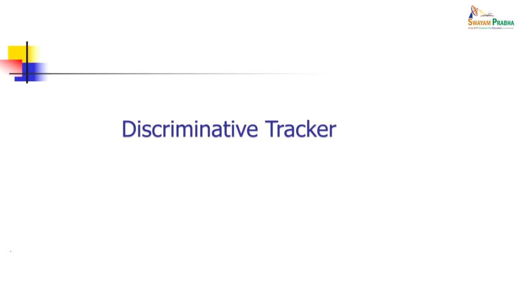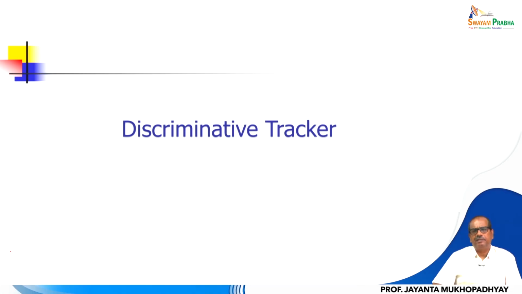So that was one kind of approach I discussed, the graphical approach. Next, the approach that I'll be considering is the discriminative tracker. In this case, we pose it as a classification problem.